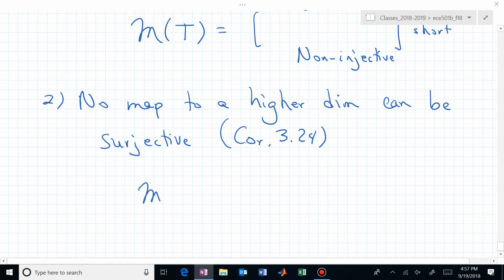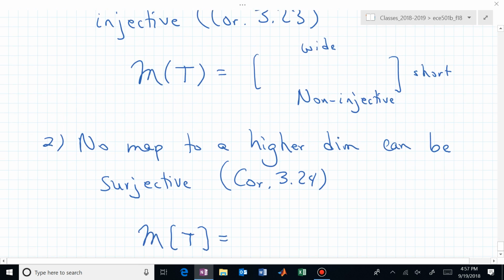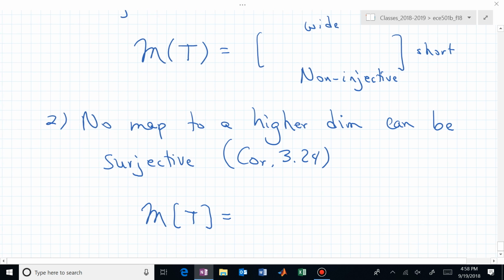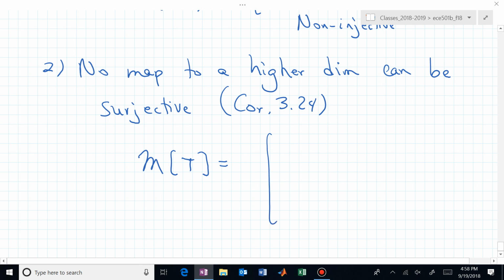And now this map is just the transpose of the last one, or standing on its other edge. It's now tall and thin. And this one is non-surjective.